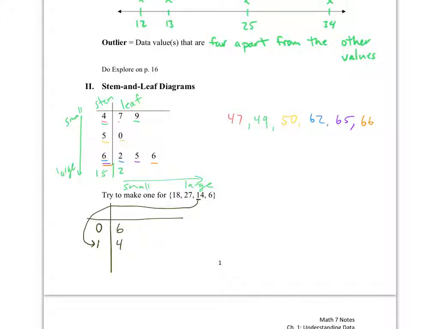Yes, 18. So I've already got my 1 for my tens place, so now I need my 8. That just goes right next to my 4. So that represents the number 14 and the number 18 in the tens. And then my last number is 27.